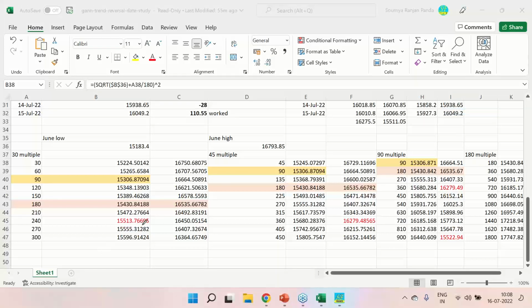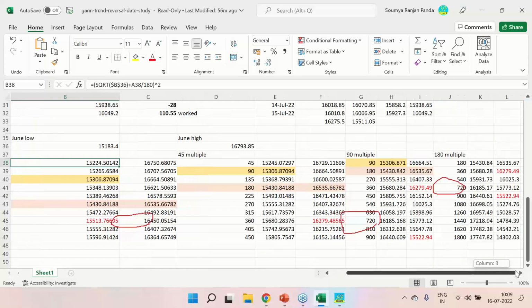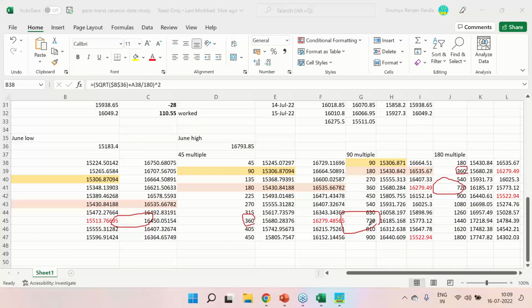See the calculation. 240 degrees is coming at 15,514. The monthly bottom was found at 15,511. Then the 45 multiple and 90 multiple also give the same thing, and the 180 multiple also gives the same thing, because these are the common degrees. 360 degrees is present in all of them: 90 degrees, 180 degrees, 45, all have 360 degrees.